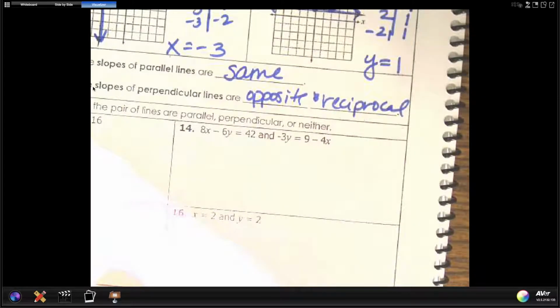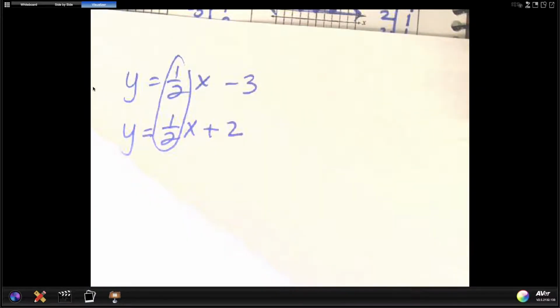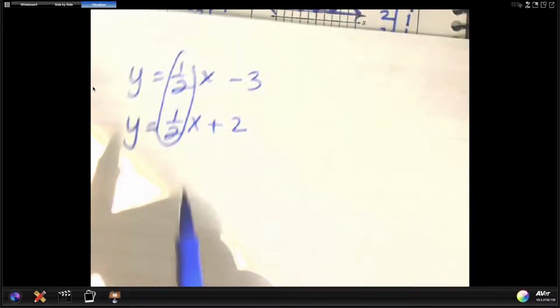So let me show you an example. If I have y equals 1/2 x minus 3, and I have another equation, y equals 1/2 x plus 2, the slopes are exactly the same. That means when I graph these two lines, they're going to be parallel.